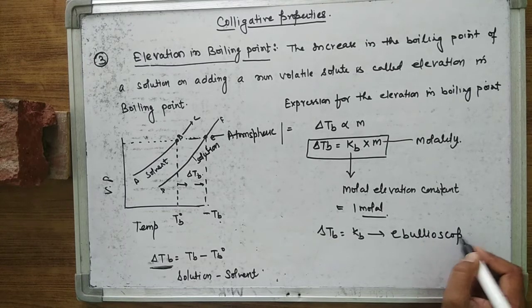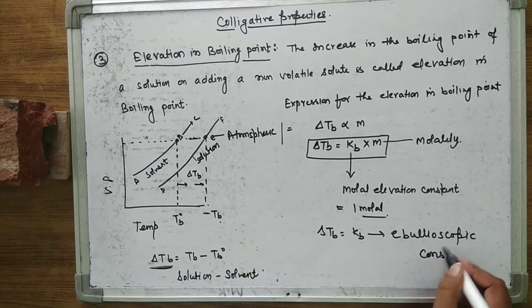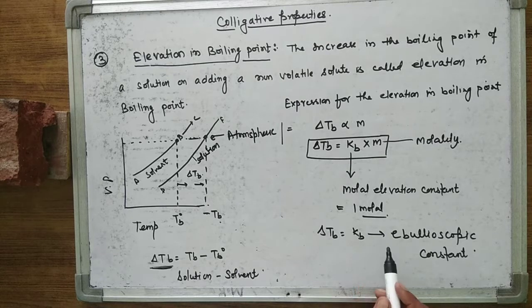When we take a 1 molal solution, that is 1 mole of solute in 1 kilogram of the solvent, the elevation in boiling point is equal to the molal elevation constant.